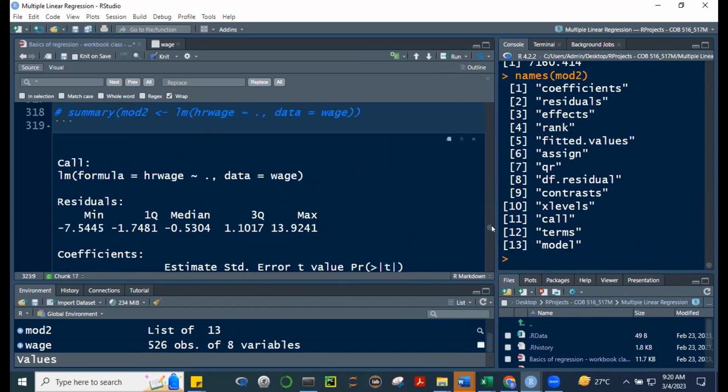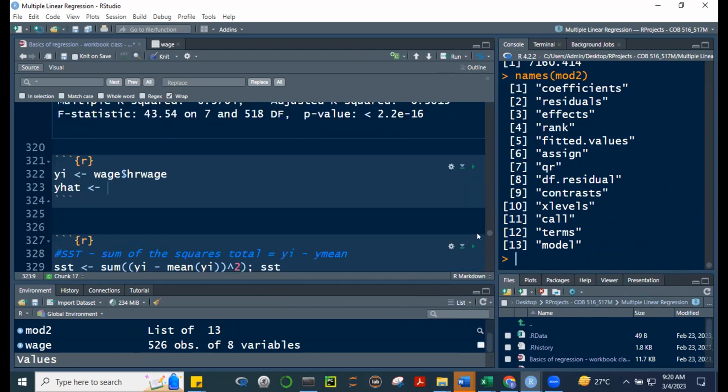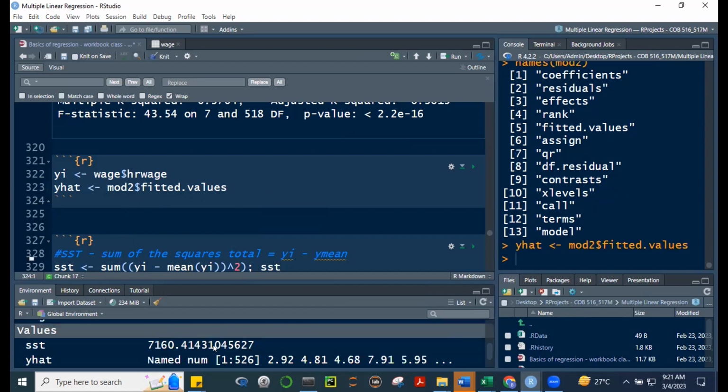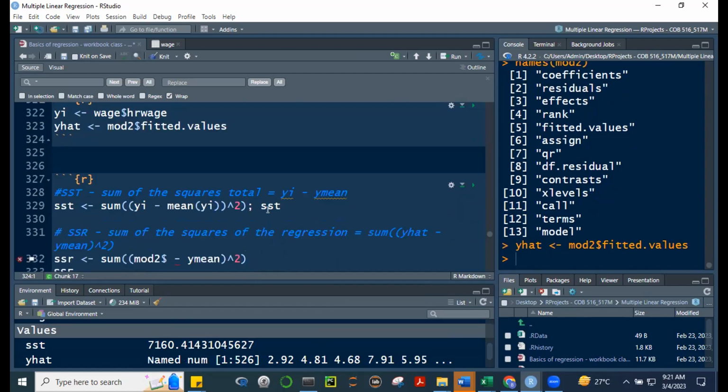So here I'm saying si y hat is, it's coming from my model 2 and then dollar fitted values. There. Okay? So I generated this object y hat and it's equal to, coming from model yung fitted values. Okay, control enter. So I now have this y hat, which is also a vector of the predicted values.